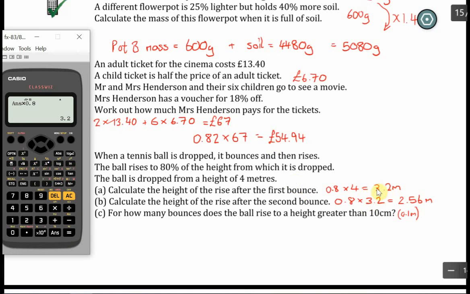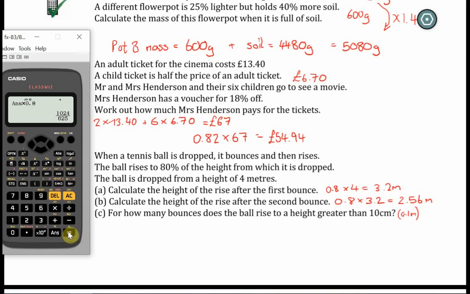Now that was just exactly what I did to work out the first question. But when I press equals again, it will now use 3.2 as the previous answer. So that should give me 2.56. So that's twice that the ball has bounced. 3 times, I'm just going to press equals again.